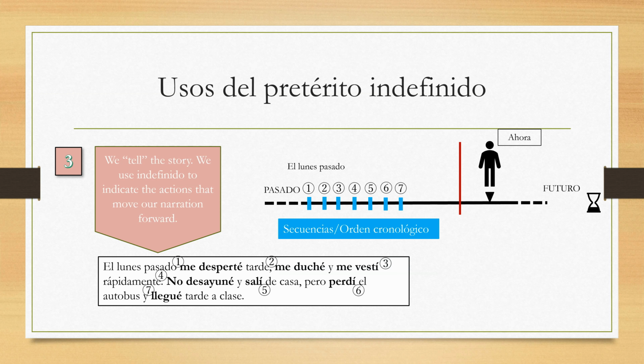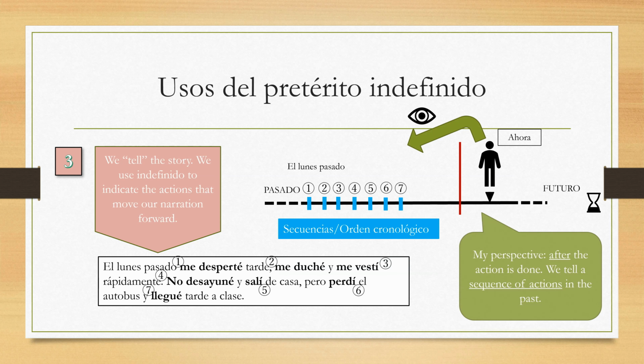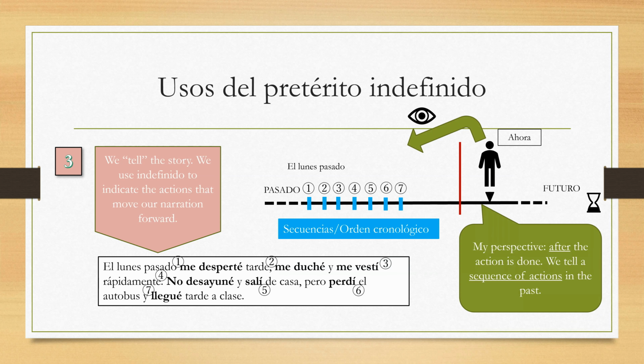We will see how we can change the order of the actions, but we will need to use other past tenses. I'm still looking back at actions that I perceive as finished, and I'm telling them in a sequence that is always in a chronological order.